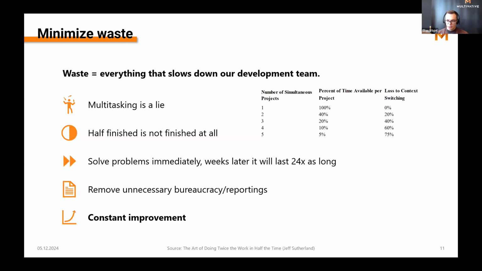Also, an interesting number backed by studies is that if you solve problems or errors immediately, it will be much faster than doing it later on. Studies show that if you do it weeks later, it will take about 24 times longer, because you have to think again into the whole system and the whole problem.